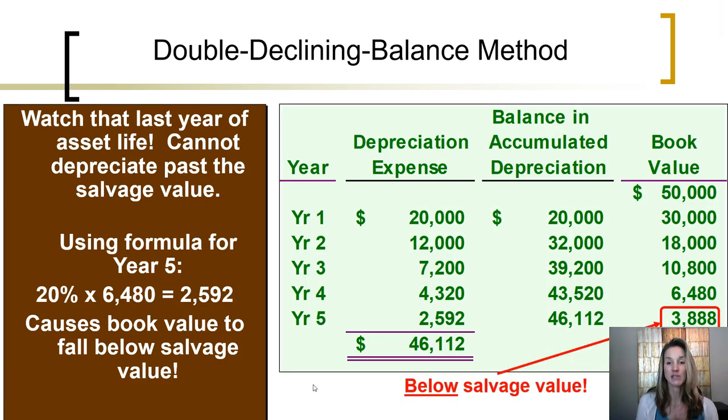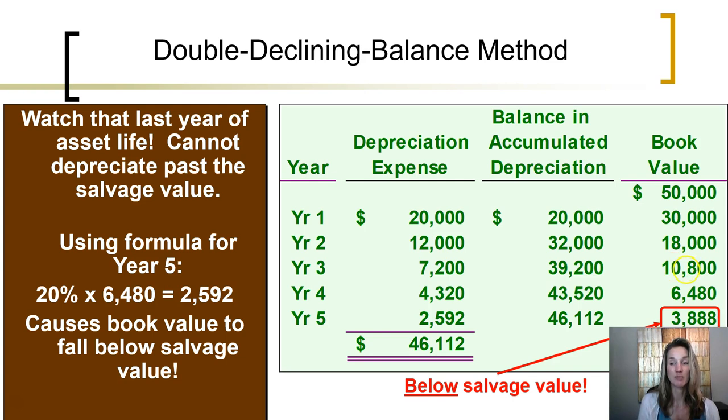For each year of the asset's life, we will take its beginning of the year book value, which for year three will be $18,000, times the 40% depreciation rate. Year three's depreciation expense is $7,200, bringing the balance in accumulated depreciation up to $39,200 and a book value at the end of year three of $10,800.